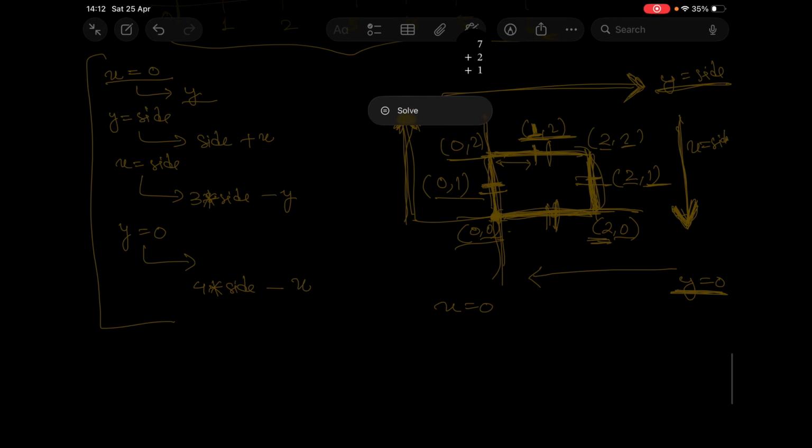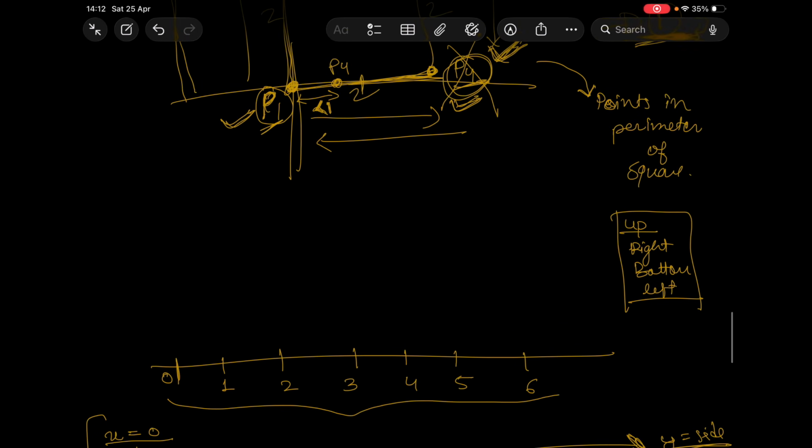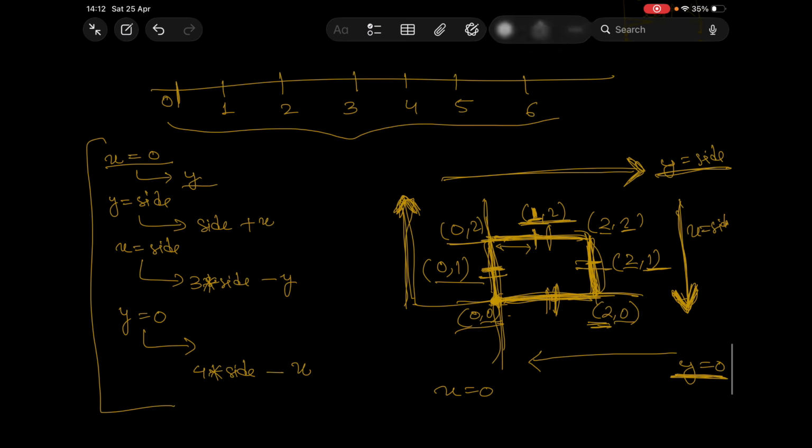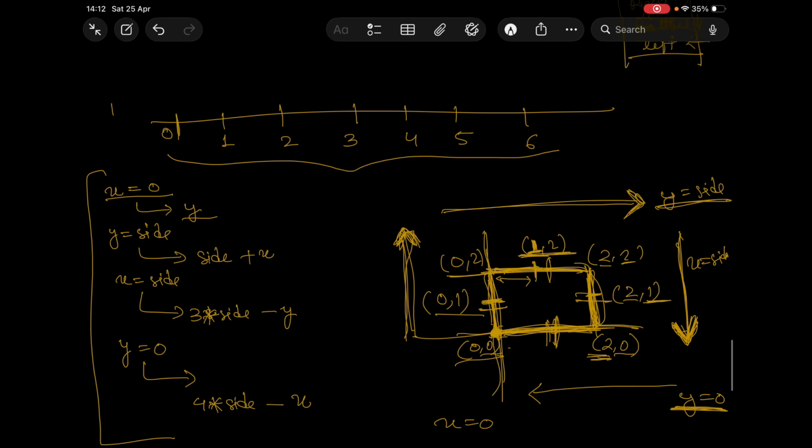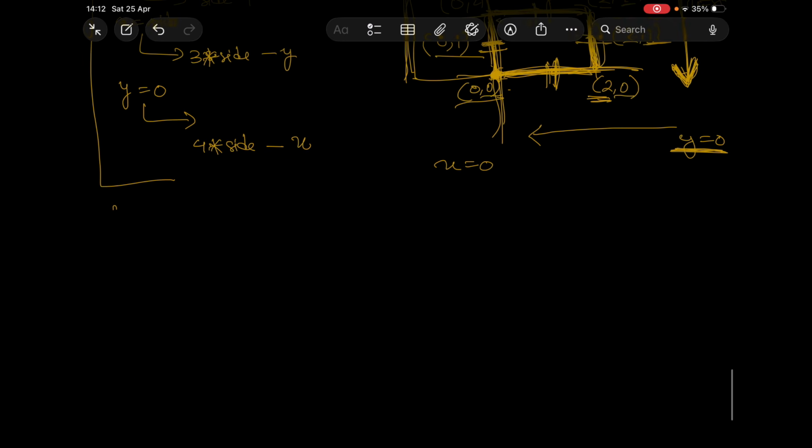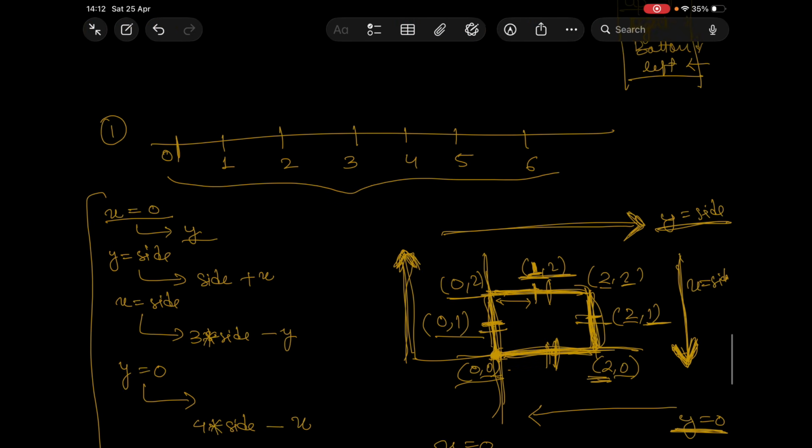If you see above, we are calculating the up arrow, right arrow, bottom arrow, then left arrow. So our points will not be given in this manner. So first we plotted this. Now second, we will sort this. By sorting we will get this in sorted manner.